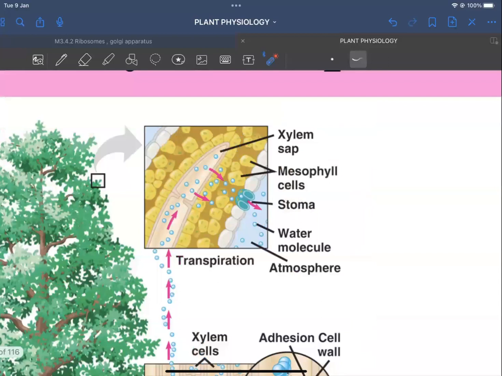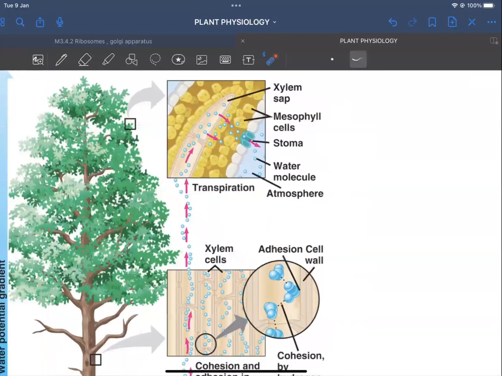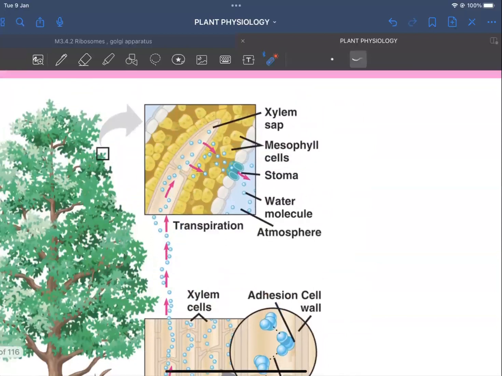And then once it reaches the leaves, through the cohesion and adhesion, it reaches the end of the xylem sap, where all the water molecules will diffuse through the mesophyll cells and then be released through the opening of the stomata.